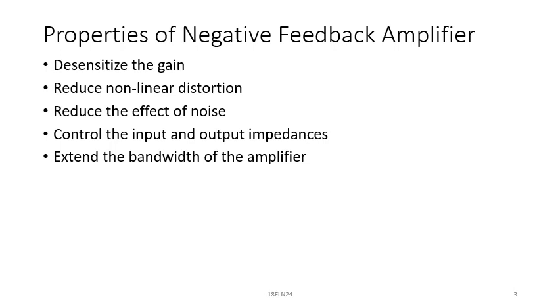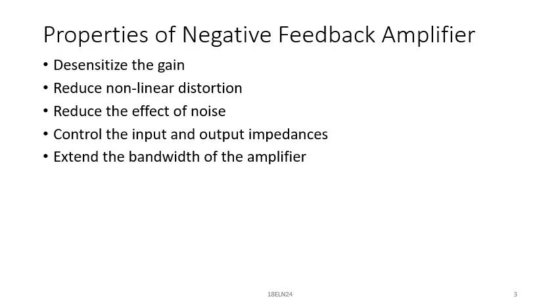If there are any temperature changes, or any changes in circuit components, the gain will be desensitized. Generally in negative feedback amplifiers, the gain will be reduced but it will be stabilized. You'll get a stable gain.